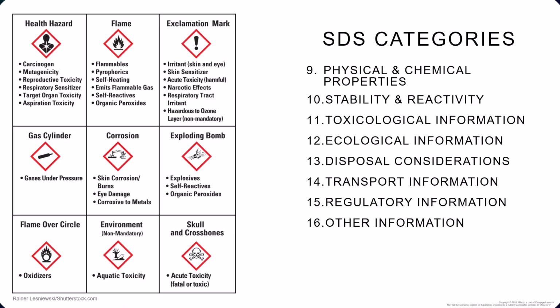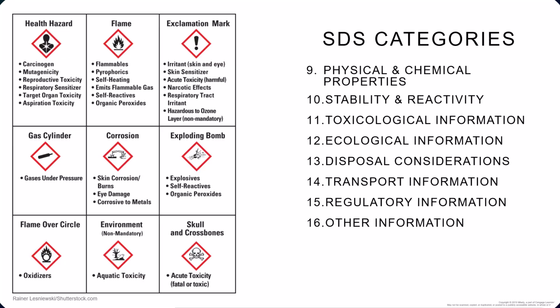Toxicological information details the risk of exposure, including symptoms like skin irritation and measures of the toxicity of substances. Ecological information covers the impact of the chemical on the environment, such as groundwater absorption or danger to plants and animals.